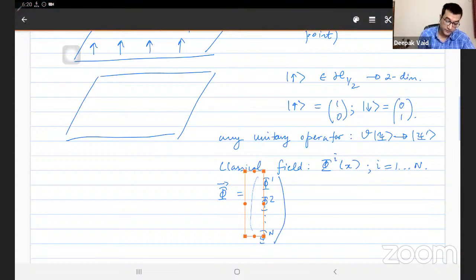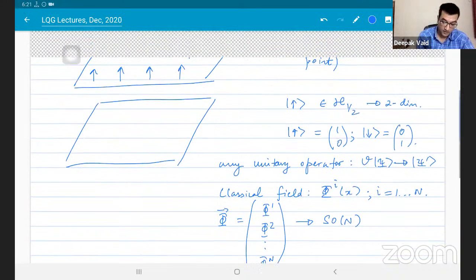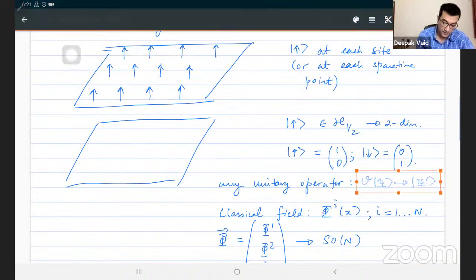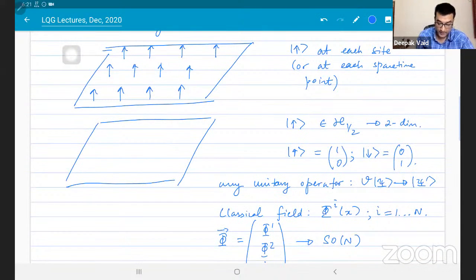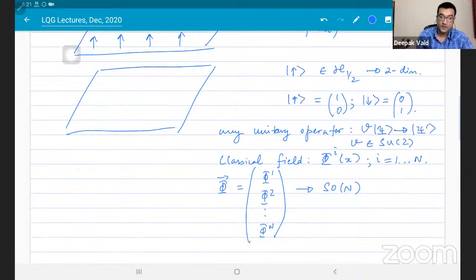What would be the symmetries of this vector phi_1, phi_2, up to phi_n? Well, they would be SO(n), the group of rotations in n dimensions. But for the spinor, actually, any unitary operator, so that would be SU(2). Here the group of symmetries is SU(2) for a spin 1/2 particle.